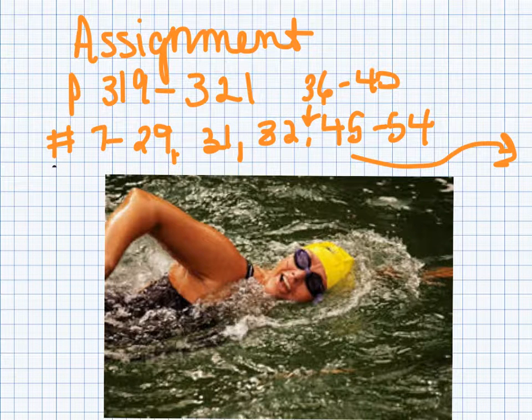The circumference of the earth is about 25,000 miles. If you had to guess, about how many miles had she swum in races by 2001? The answer to that would be she swam 35,000 miles. That's a lot, don't you think?